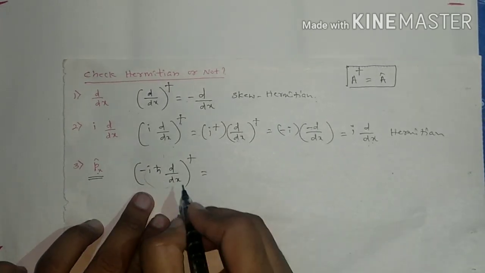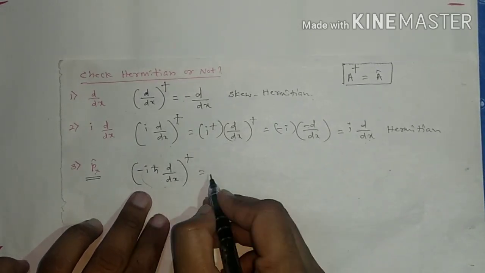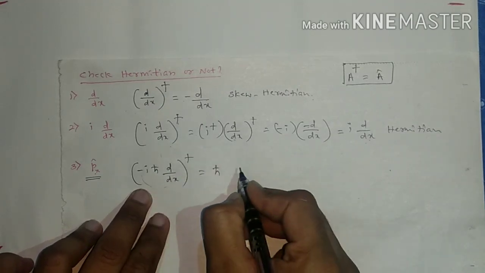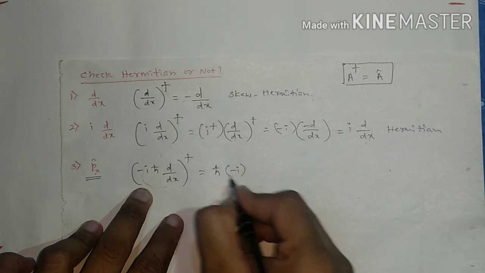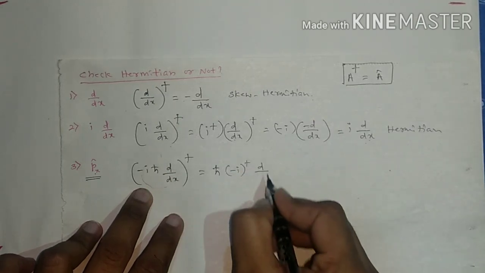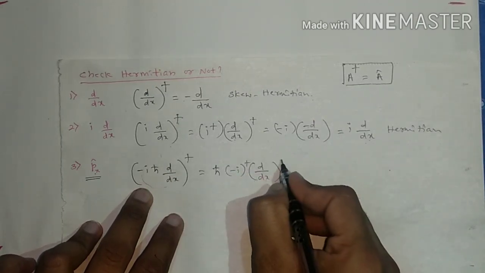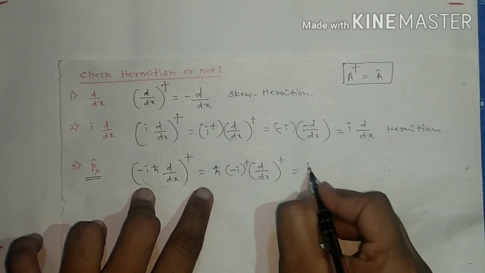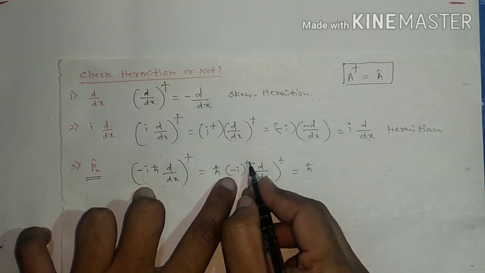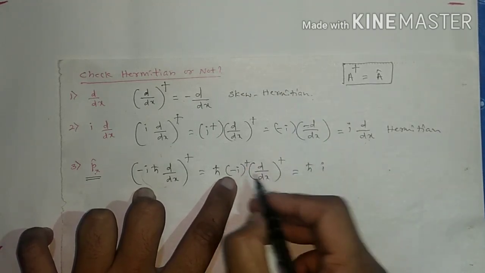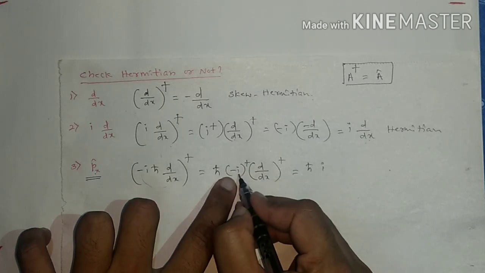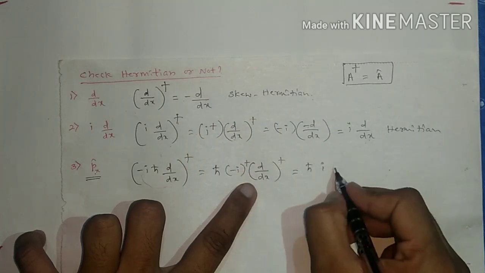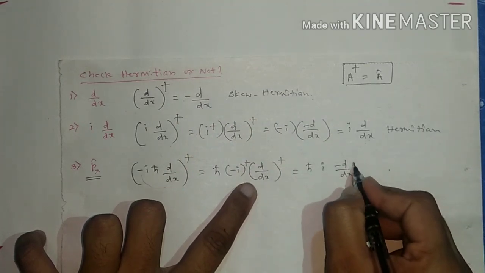Here h cross is a constant, so we have minus i dagger times d dx dagger. Minus i dagger is i, changing the sign of the imaginary part, and d dx dagger we have seen is minus d dx.